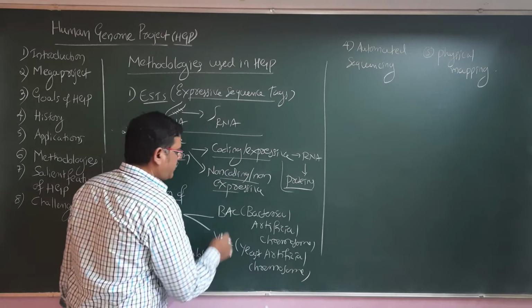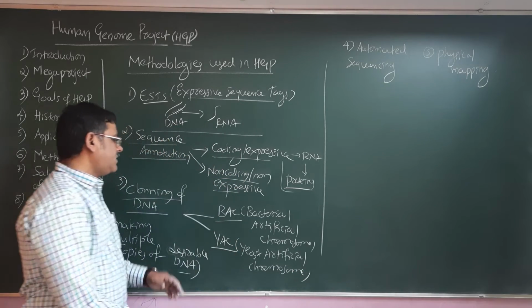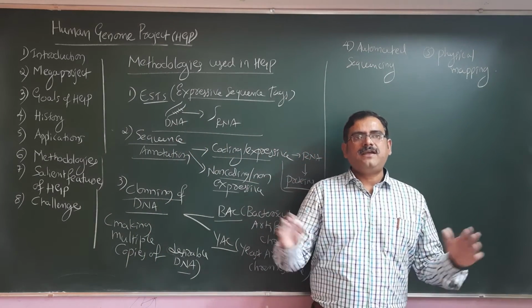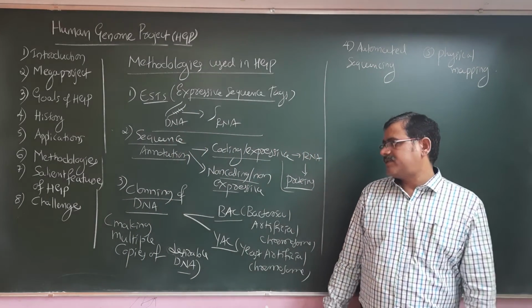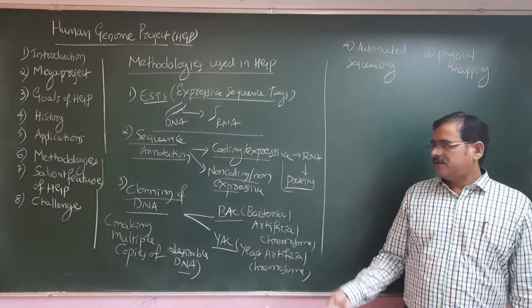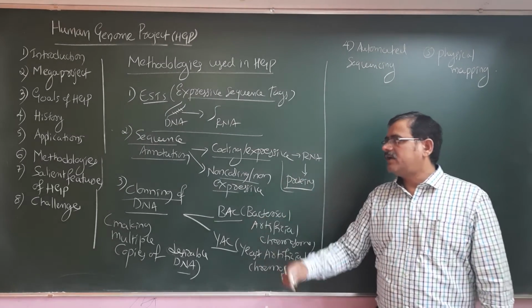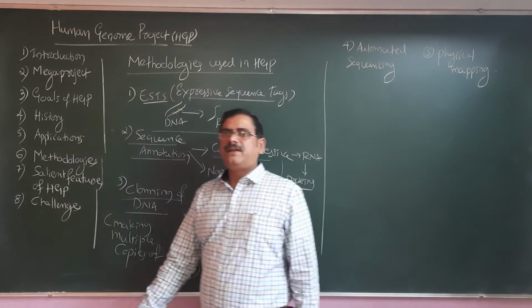By using BAC and YAC, as these cells keep on multiplying, they have a very high multiplication capacity, and as they multiply they make multiple copies of the DNA you inserted. This is called cloning of the DNA.